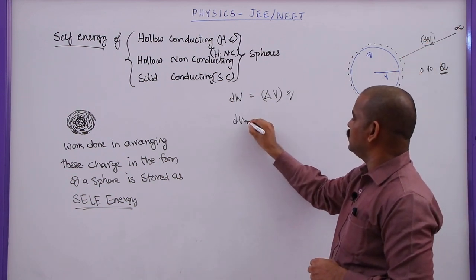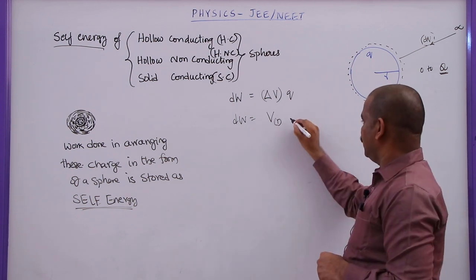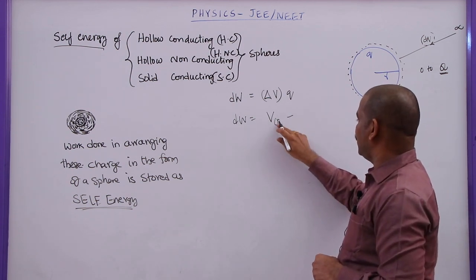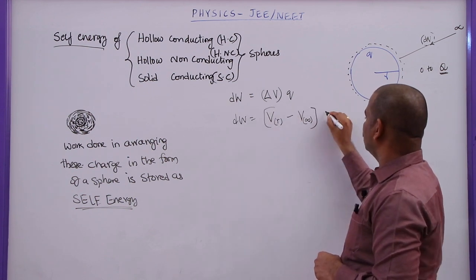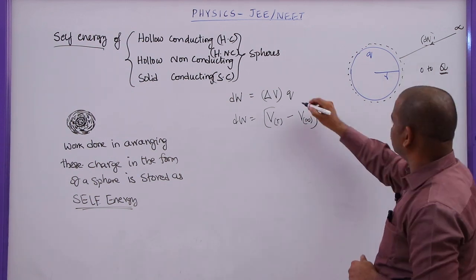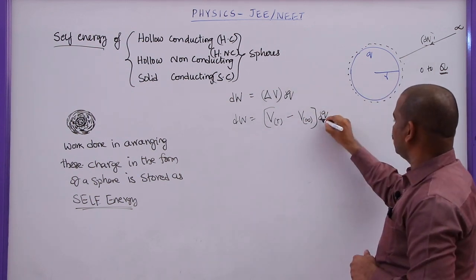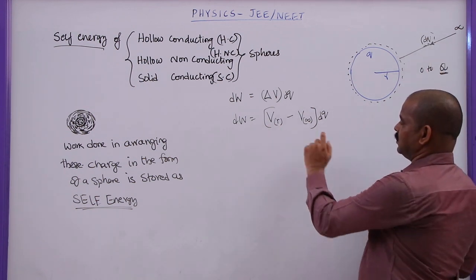So dW is given by the potential on the surface of the sphere, that is Vr, minus the potential at infinity, into the charge. But here I am bringing some charge, so I have to write dq because I am bringing dq charge. So these are the potential differences.